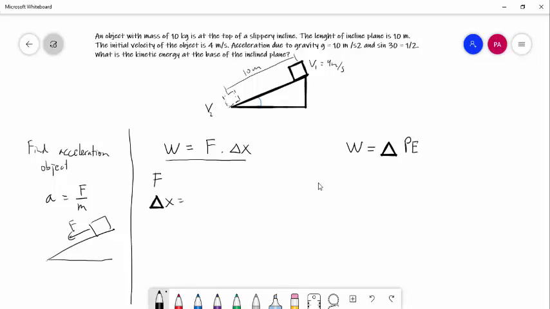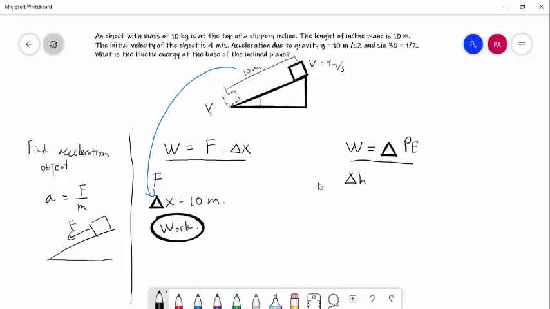It's about 10 meters from this one, and then we will have the work. If we use the delta potential energy, we need to know the change of height first using the angle, and then we will have the work.